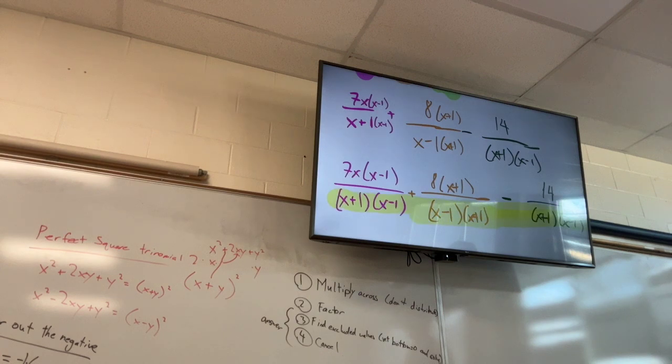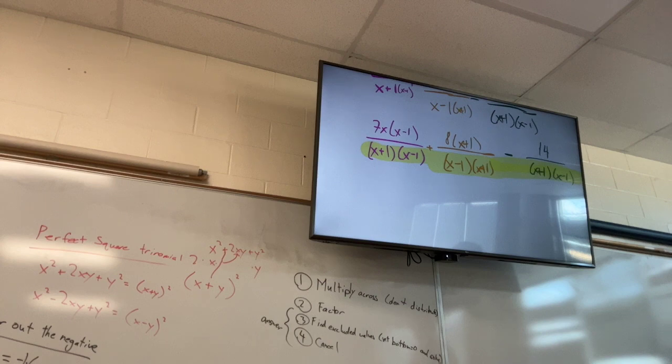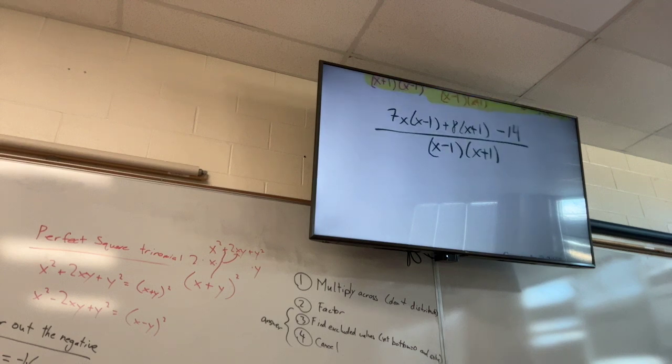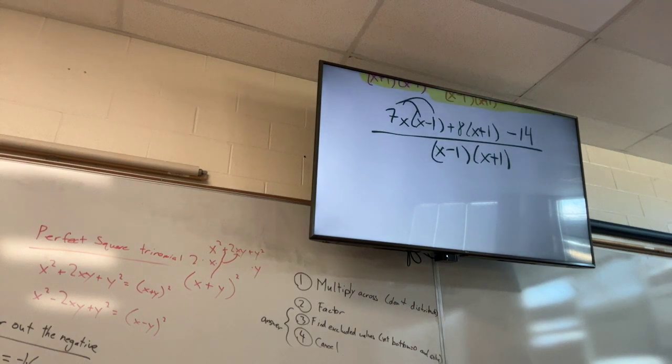So this is the easy part, right? We add those first two. Subtract that 14, and then it's all over the common denominator, just like with regular fractions. Okay, you guys are going to hate me, but make sure you expand the top and combine everything.